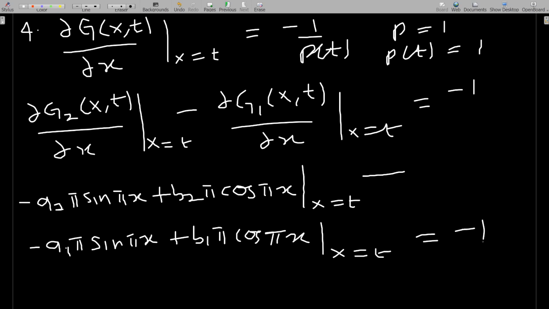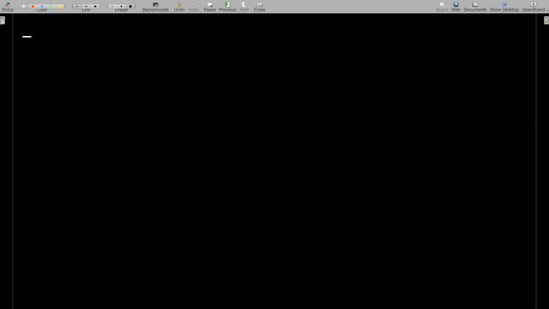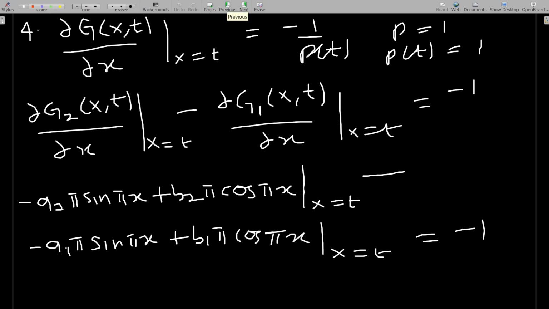Okay, so let's put x equals t in place of all of them. Now we will get something like minus a2 pi sine pi t plus b2 pi cos pi t, okay, and there should be a bracket here, so that the minus will affect everything.